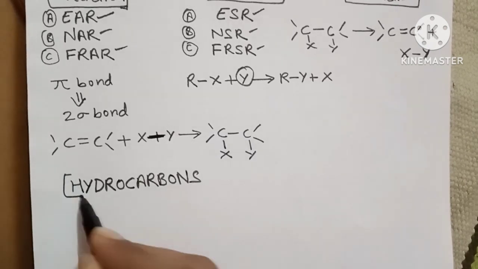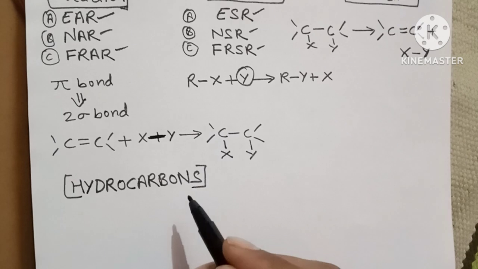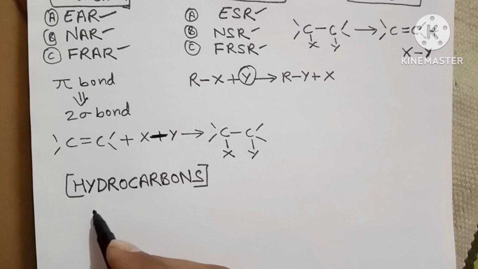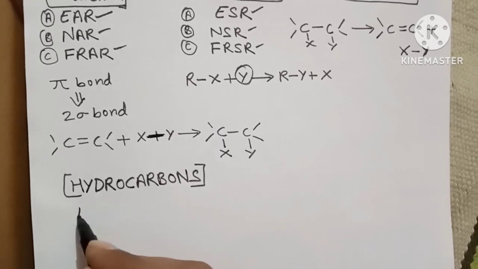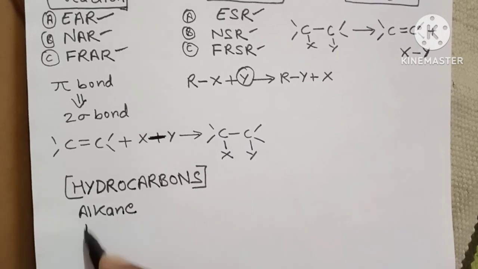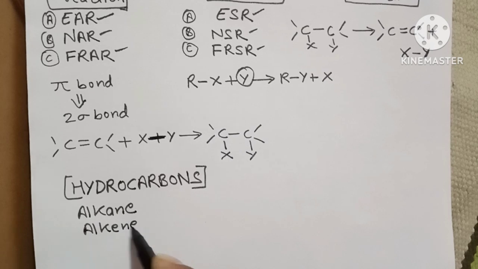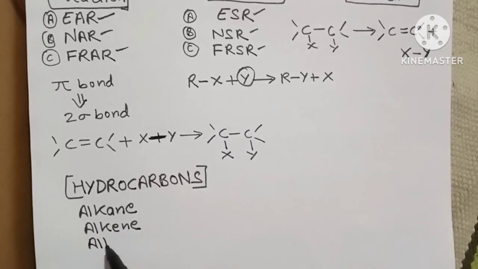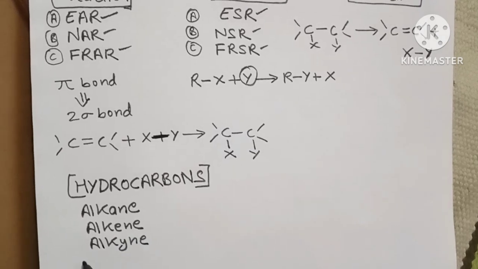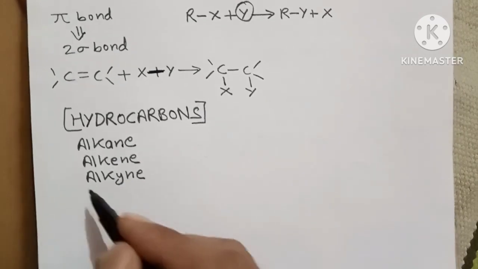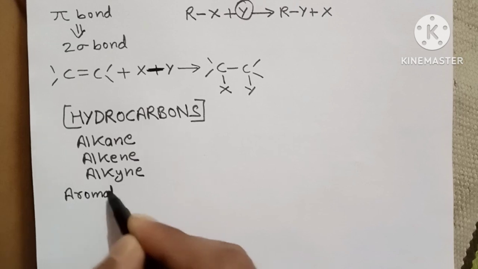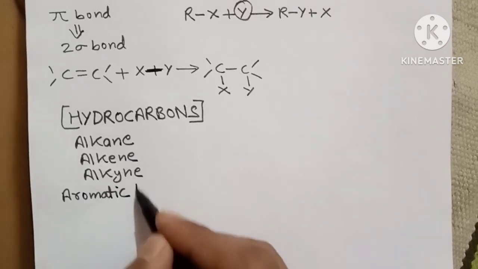This is the hydrocarbon chapter, which is in the class 11th syllabus, and in hydrocarbons we generally see alkanes, alkenes, and then alkynes, and at the last what we have seen is aromatic hydrocarbons.